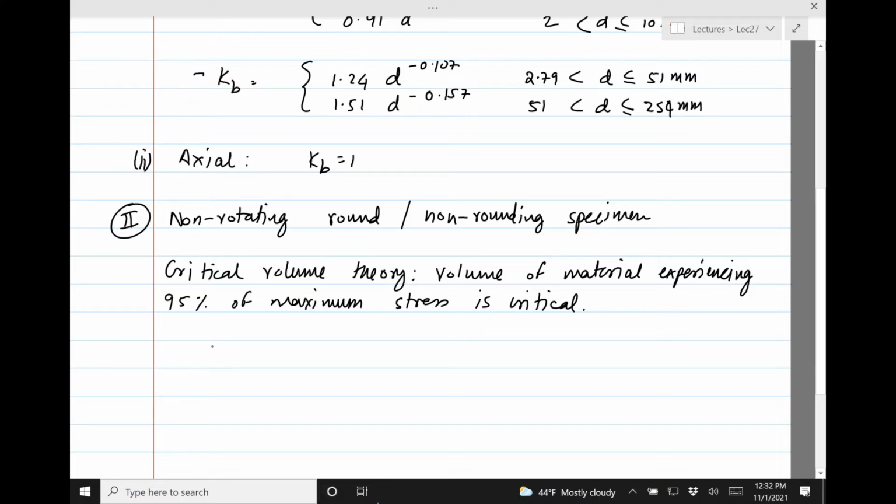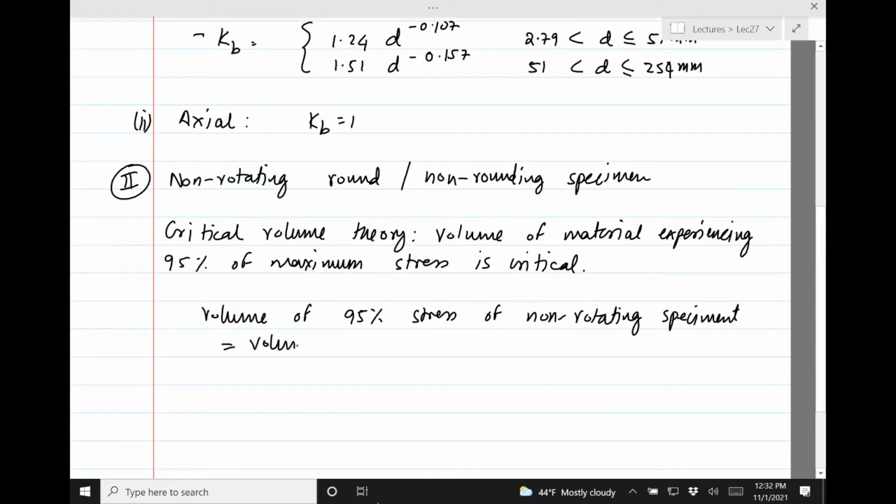And so what they do is they equate the volume of 95% stress of a non-rotating specimen equals the volume of 95% stress of a rotating round specimen.